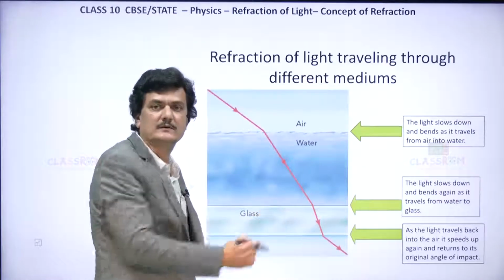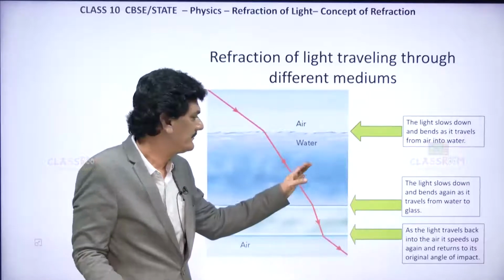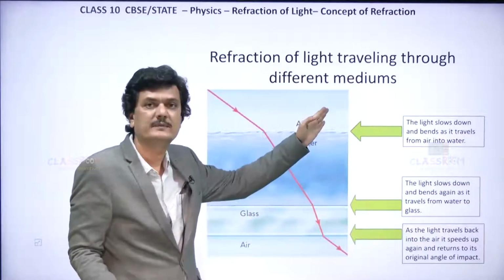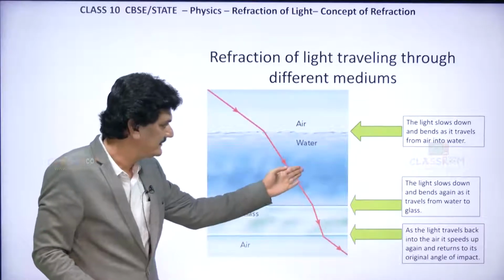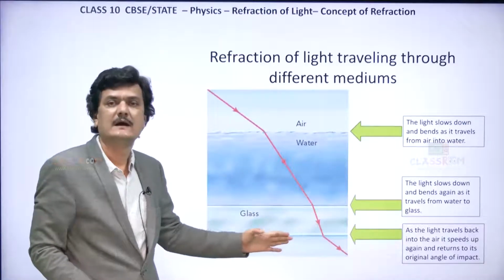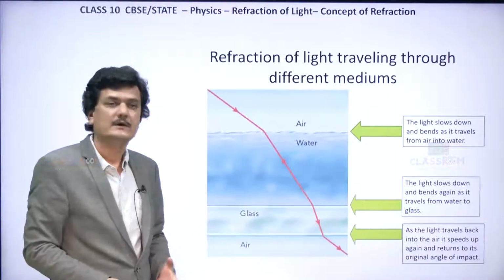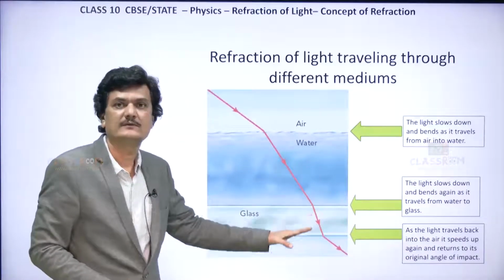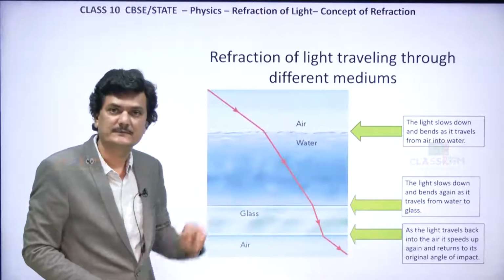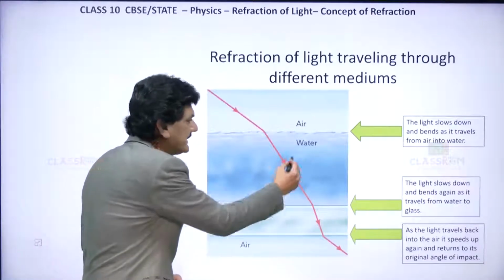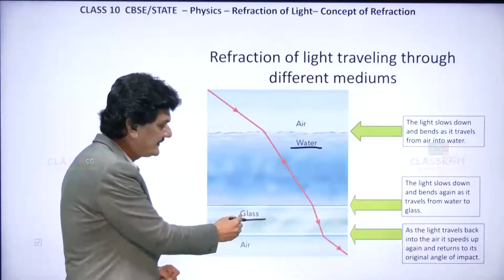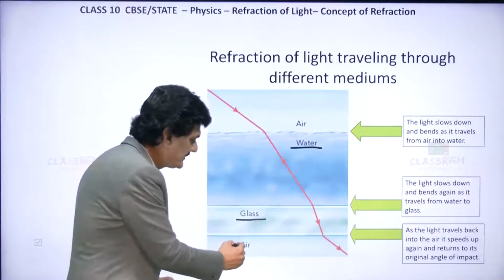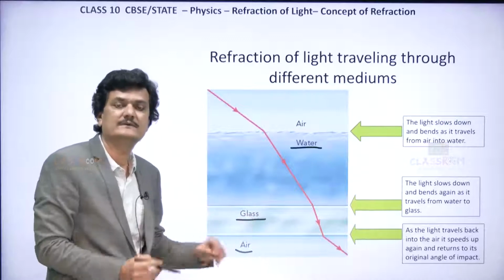So, what will you have to do? You will have to compare the optical density of water with respect to air. Now, here the ray of light is traveling from water and entering glass. At that time, you would be comparing the optical density of glass with respect to that of water. Glass and water here are the two players. When it is traveling from glass to air, you have to compare the optical densities of glass with air.